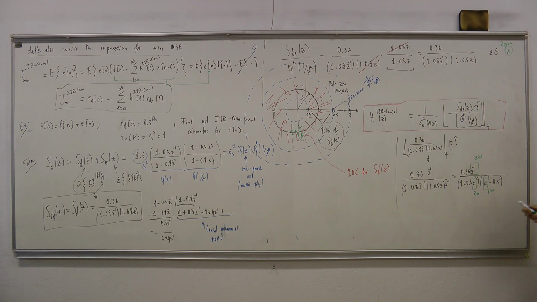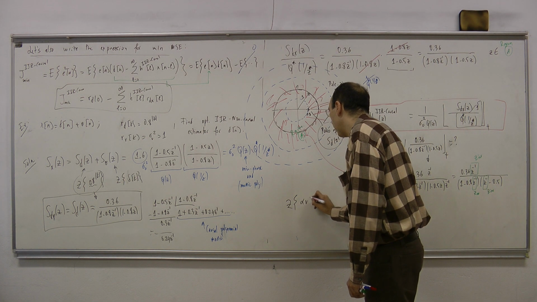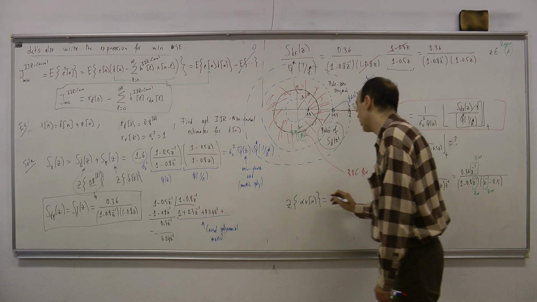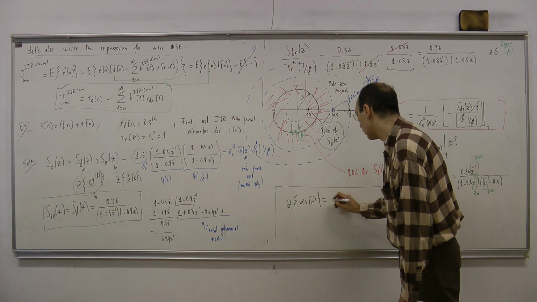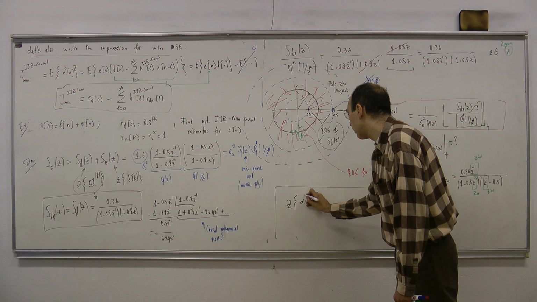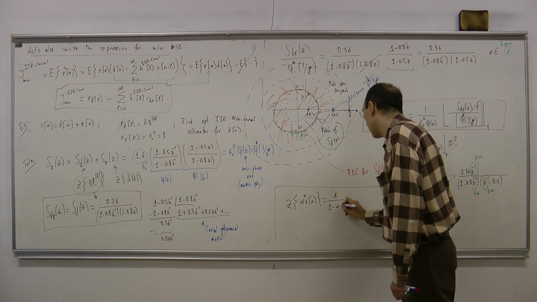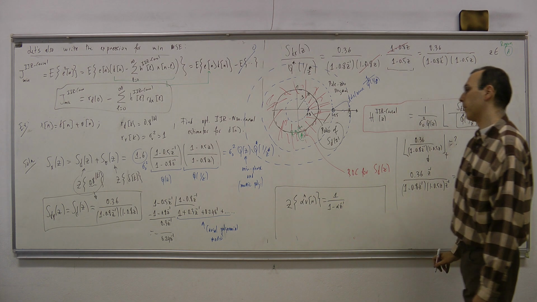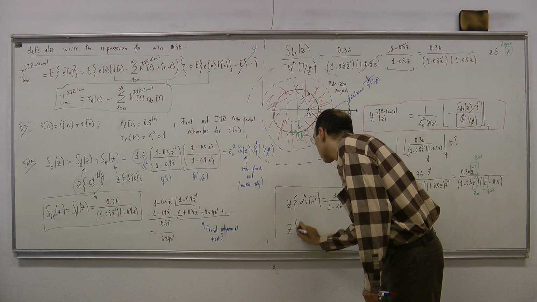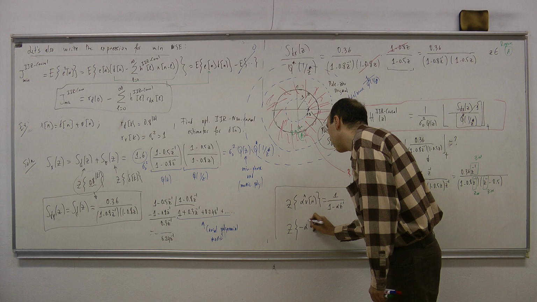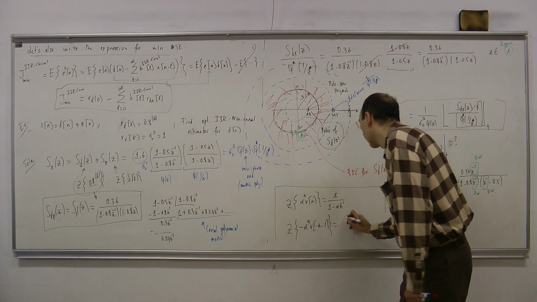The reason is, well, maybe you can remember, the Z transform of alpha to the power n U of n, this is the causal sequence, is equal to 1 over 1 minus alpha Z inverse. Then we had another relation like this. The Z transform of minus alpha to the power n U of minus n minus 1.